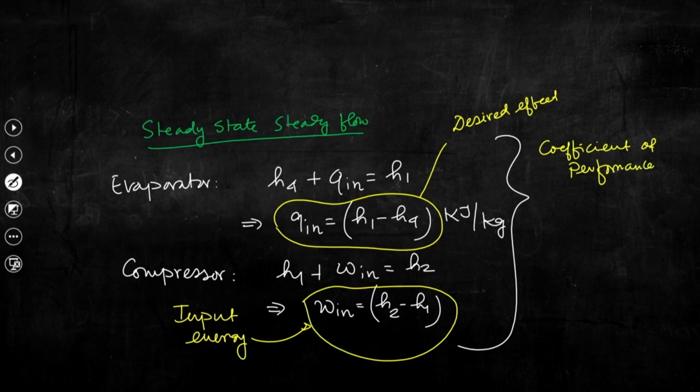For any refrigeration cycle we cannot define efficiency, as we have discussed. You also have studied this when you studied the second law of thermodynamics. So, coefficient of performance, COP, is the desired effect to the input power, or input energy, I should say.